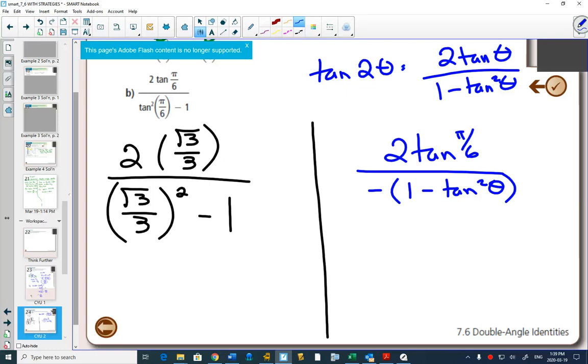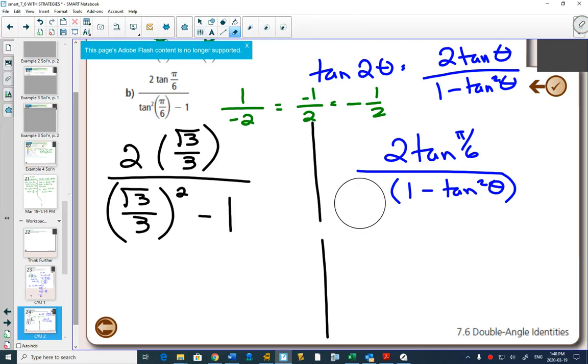Some things about fractions. Did you know that 1 over negative 2 is the same as negative 1 over 2? Agreed? Do you know that about fractions and negatives? So I can take this negative that's right here and just put it in front of that whole fraction. And then what's in the fraction matches up with the formula.